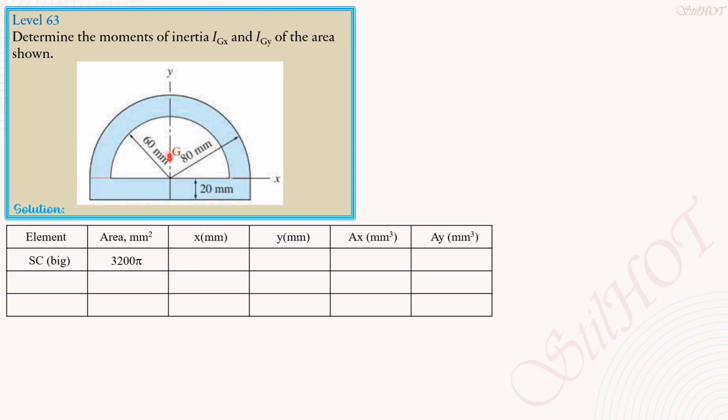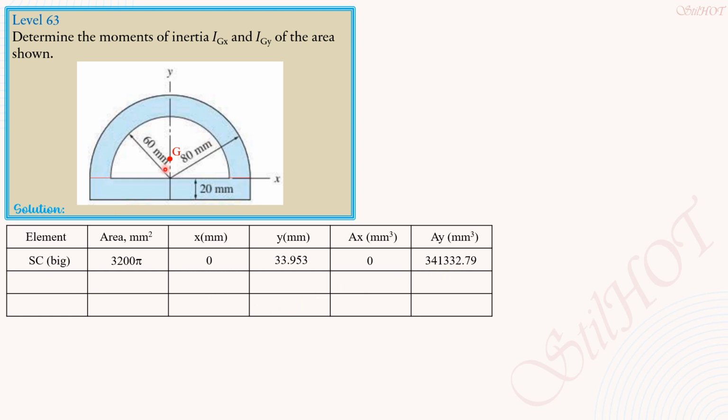The x is 0 here, so it's 0. The y is 4r over 3 pi, because this is the x-axis. 4 times 80 divided by 3 pi, so you use your calculator there, 33.953. Then 3200 pi times x, 0, so 0. Then 3200 pi times 33.953, it's this value here in mm cube.